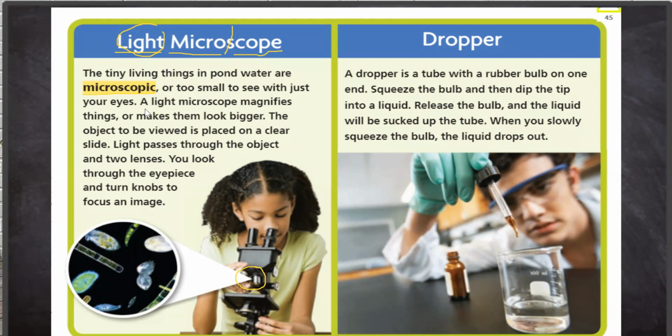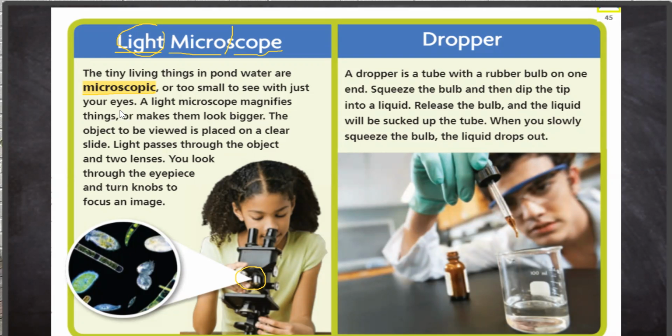So when I say the pond water is microscopic, it's the same as saying the pond water is too small to see with just your eye. So can you give me an example of something microscopic? Something you cannot see with your own eye. You need a microscope for that. Yes, tell me, please. Yes, Jenna.